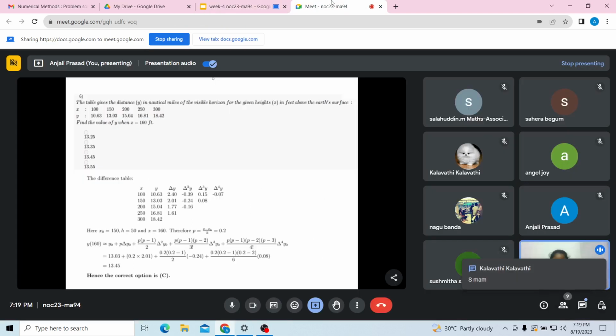Where are you stuck? Others try question number 7. And here, okay. So at the point of x naught, take 100. Have you taken it as 100? Kalavati, unmute yourself.